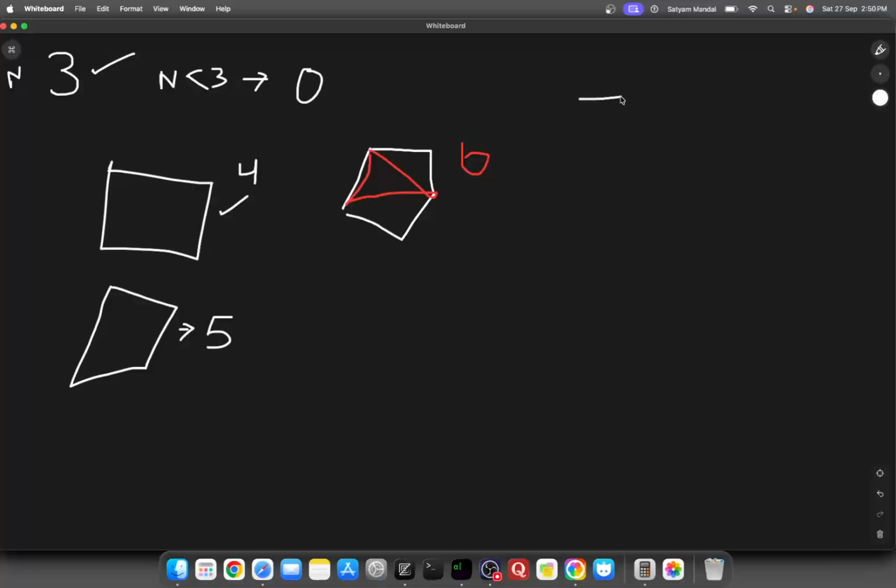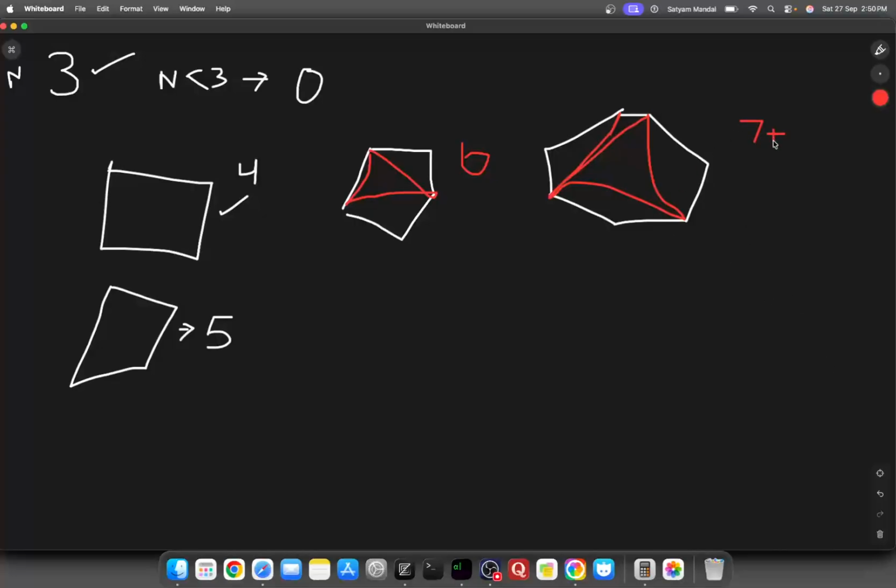But if I have 7 sides, in that case I can create a three-sided polygon, right?